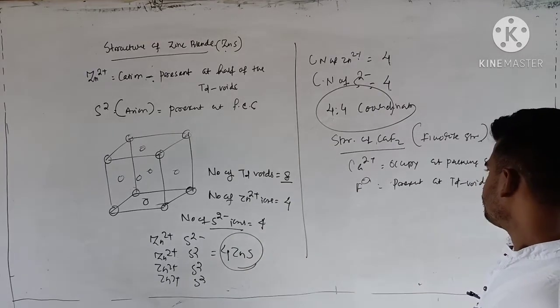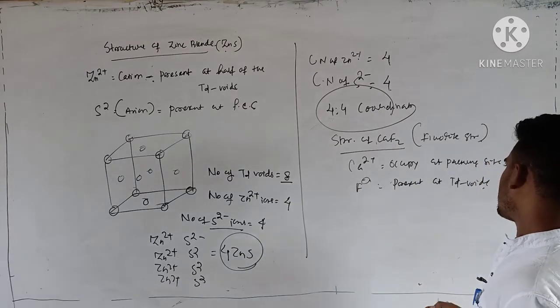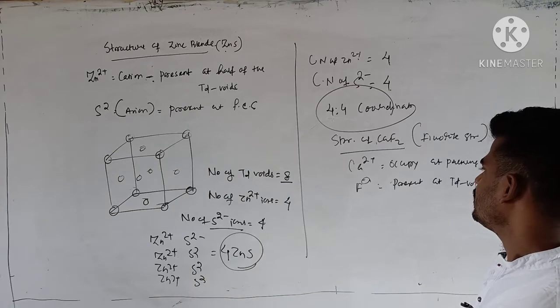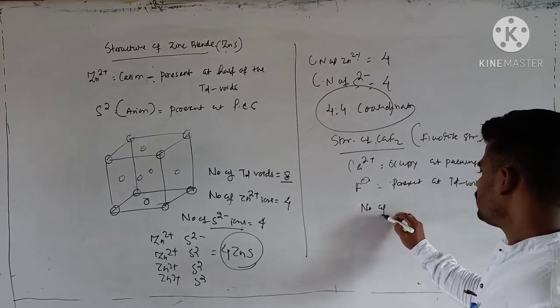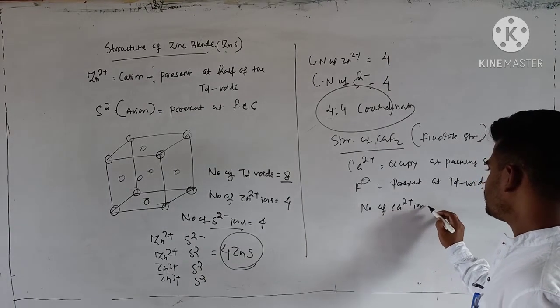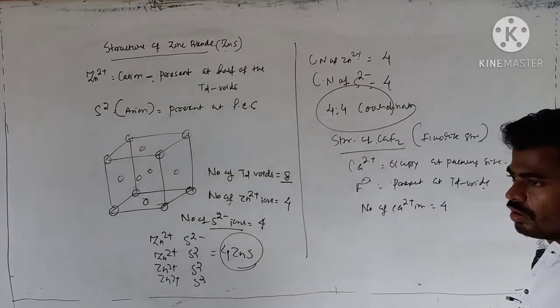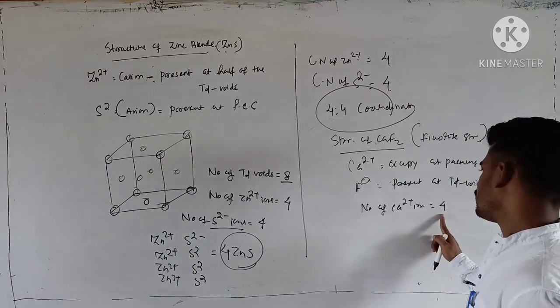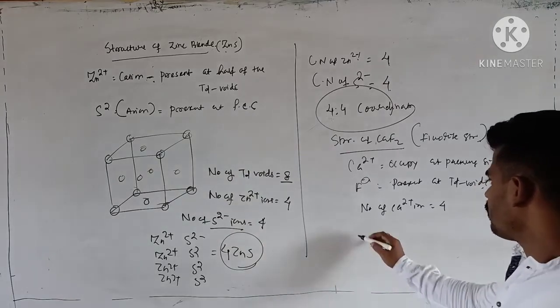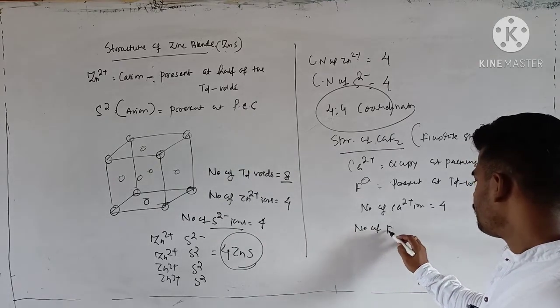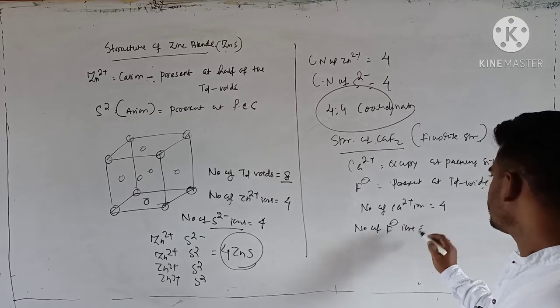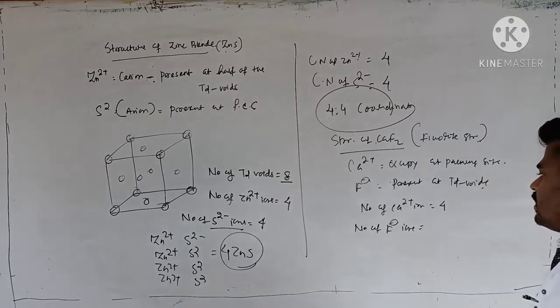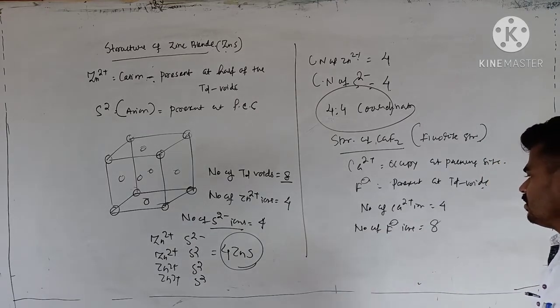So if Ca2+ ions are present at packing sites in FCC, then the number of Ca2+ ions in FCC is 4, due to face centers 3 and the contribution of corners, so overall 4. The number of F- ions present in tetrahedral voids will be 8.